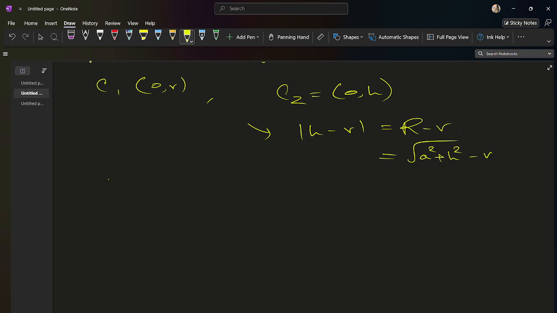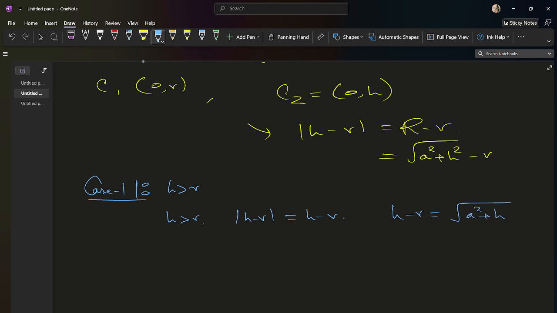Case 1: h greater than r. If h is greater than r, then mod of h minus r is equal to h minus r. From equation 2, we can write that h minus r is equal to root over a square plus h square, minus r.